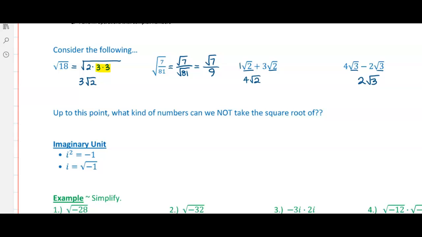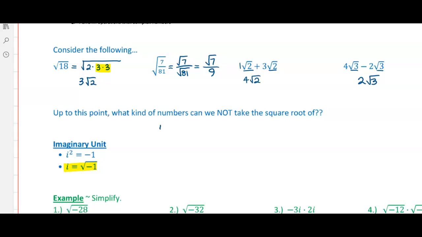So a while back, they defined this imaginary number. All the numbers we've dealt with so far have been real numbers. But now we're going to add another system of numbers called imaginary numbers. By definition, the imaginary number i is defined to be the square root of negative 1.